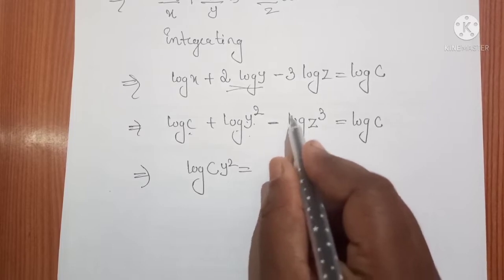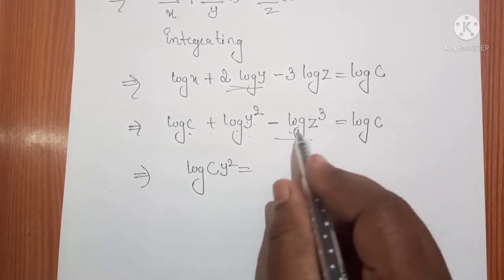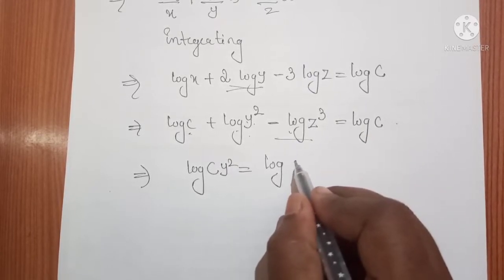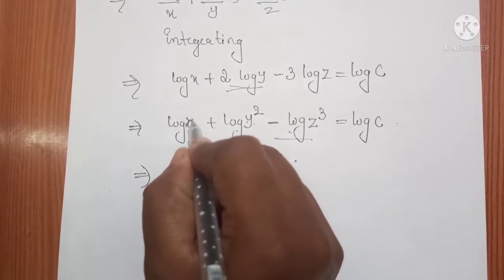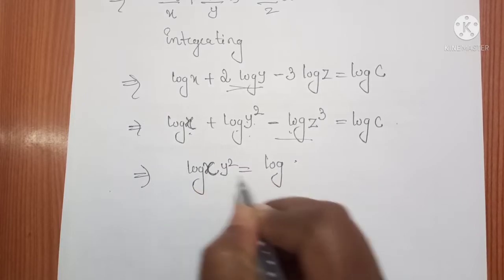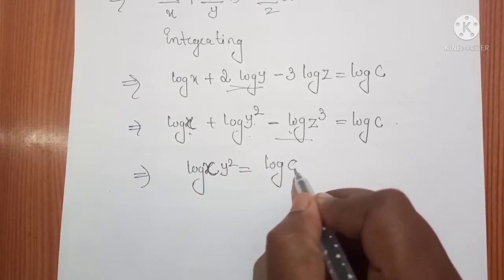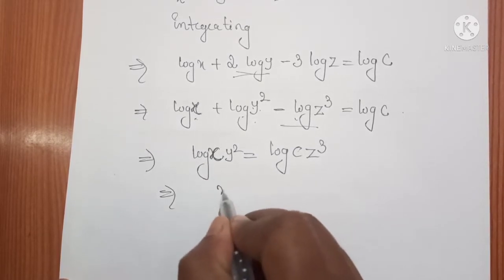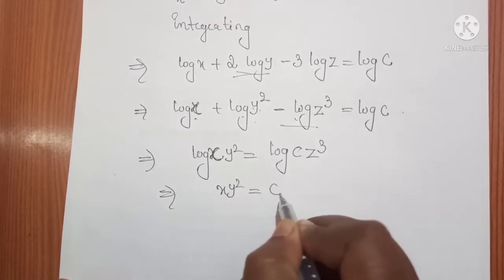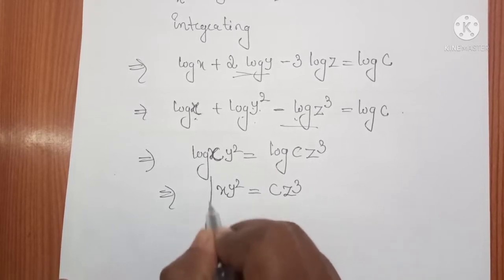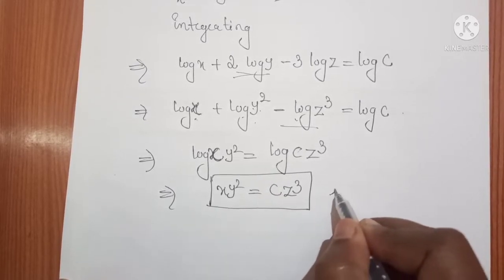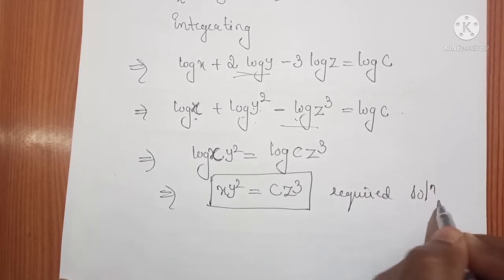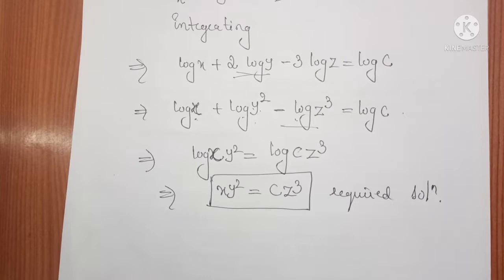Similarly, taking this term to the RHS, it becomes plus, again applying log m plus log n, here it is x, we get log c into z cube, or it can be written as x y square equals c into z cube. So this is the required solution. Like this we can solve any problem.